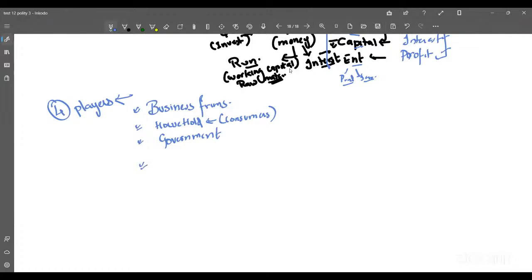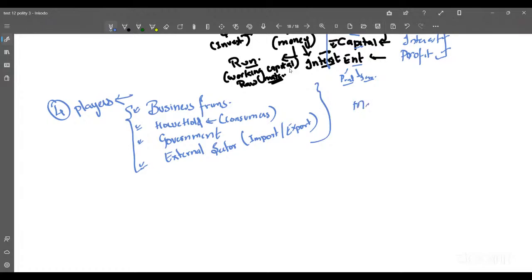And we have external sectors, that is import and export. So these are the four players whom you will come across in a market space.